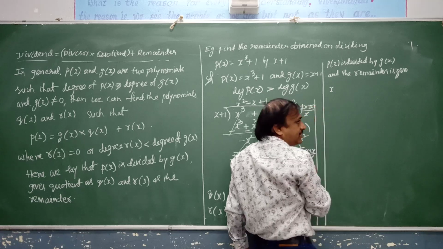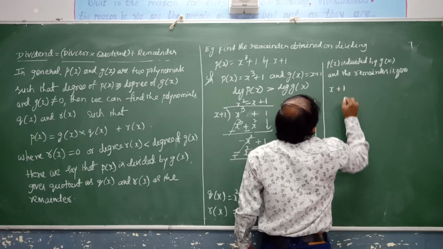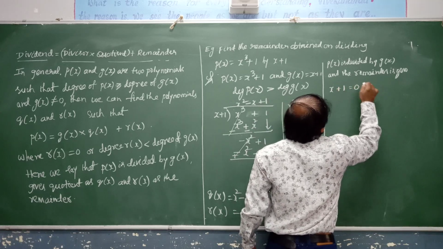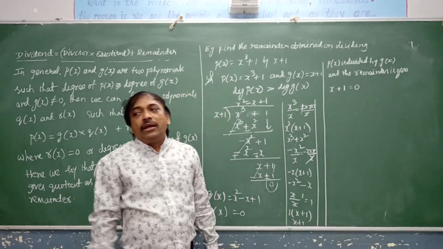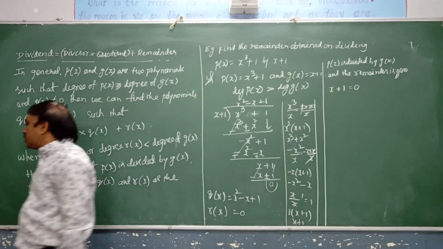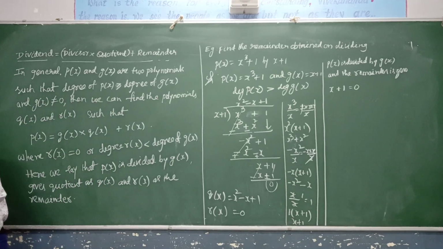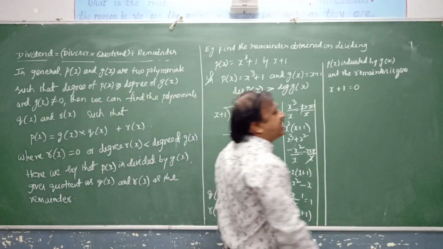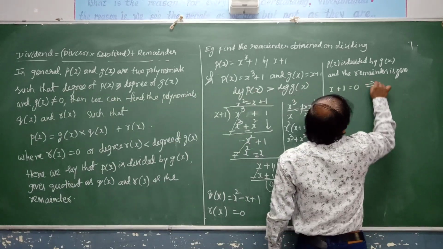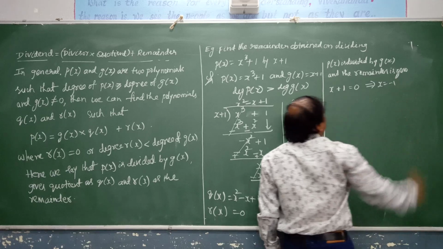Now when we obtain remainder 0, think of this x plus 1, which is g of x. x plus 1 is equal to 0. I am just explaining what x plus 1 equal to 0 means. If x plus 1 is equal to 0, the root of x plus 1 is x equals minus 1.